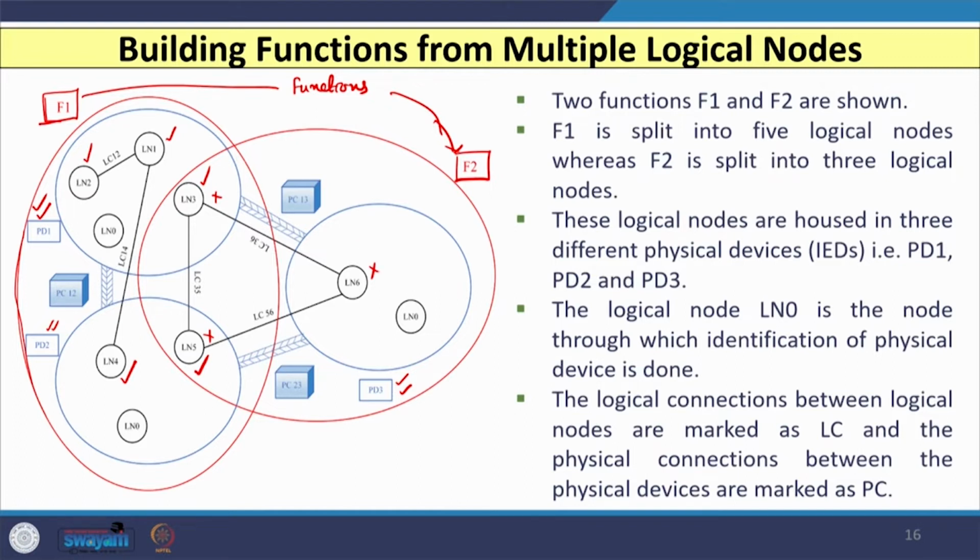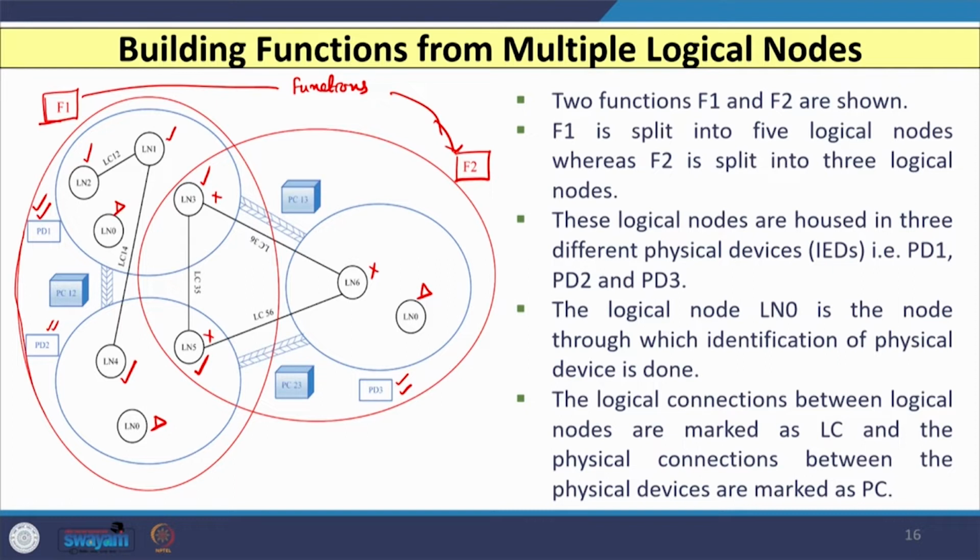Now, if you observe this diagram, you can see that LN0 is common for each physical device. You find that LN0 is there in PD3, LN0 is also there in PD1 and LN0 is also there in PD2, right. In 3 blue circles you will find LN0, that is a common logical node.